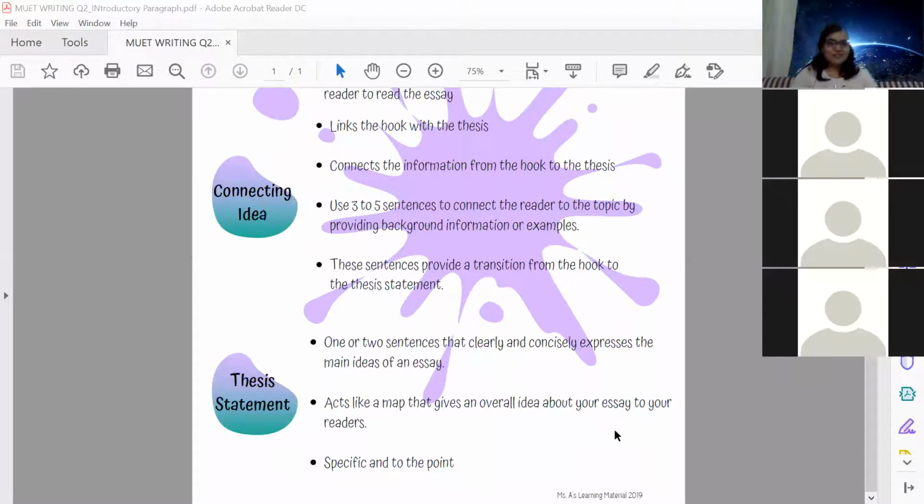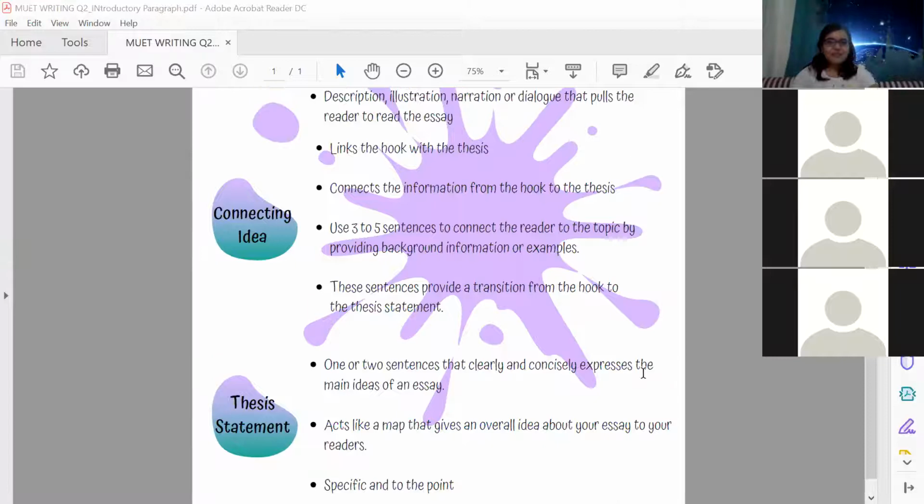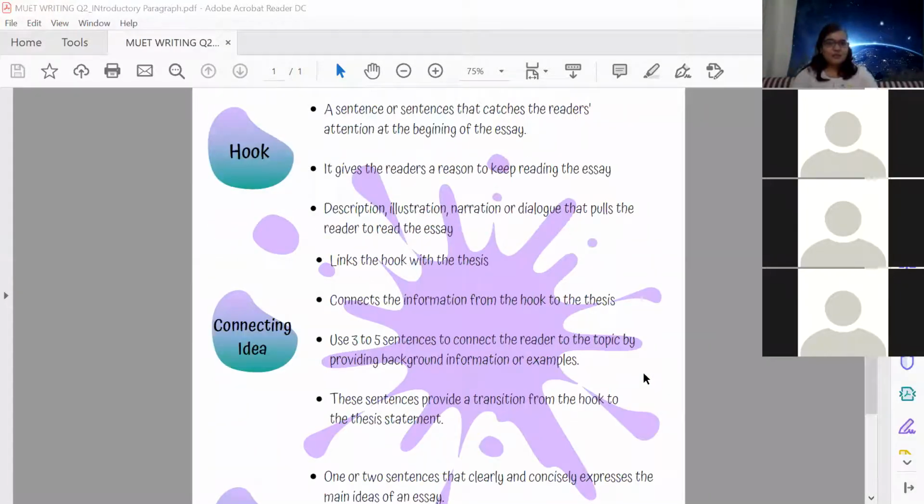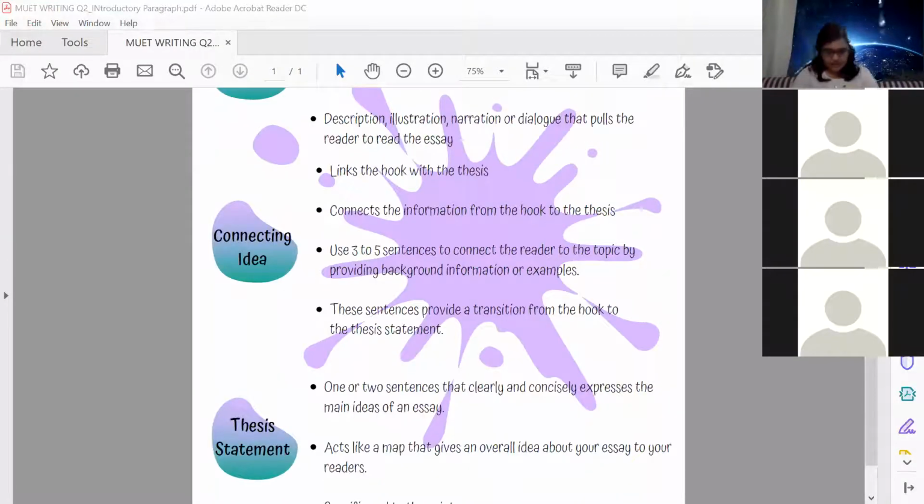Okay. So basically, this is the hook, the connecting idea, and the thesis statement. Any questions? Madam, is the thesis statement like a small conclusion for the intro?